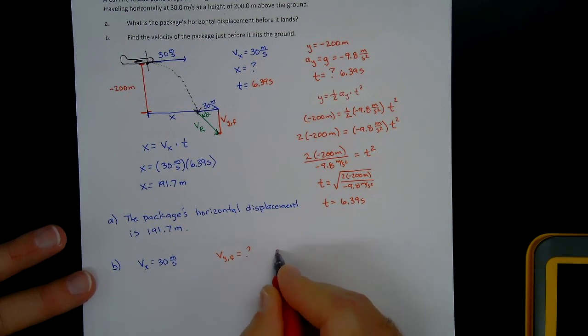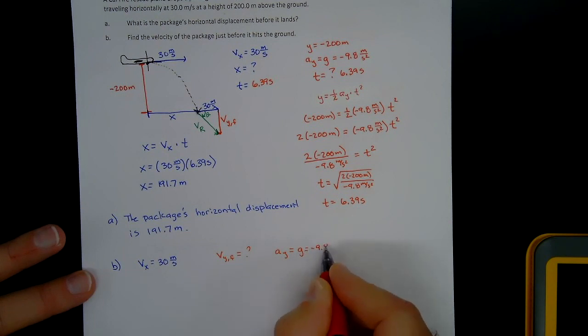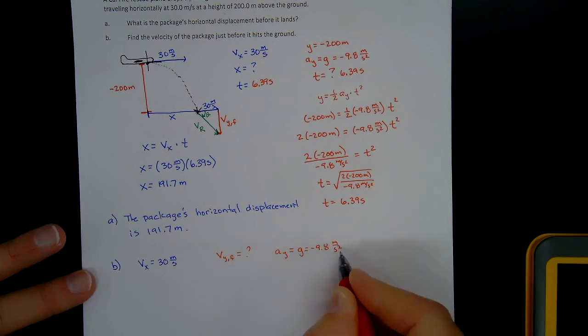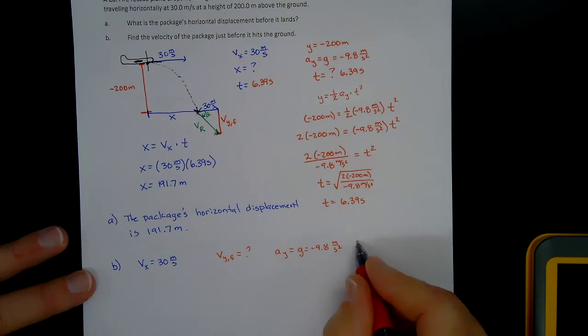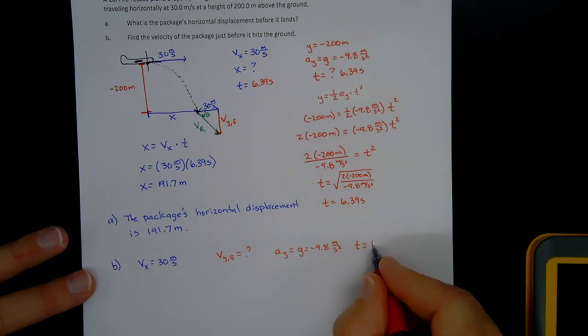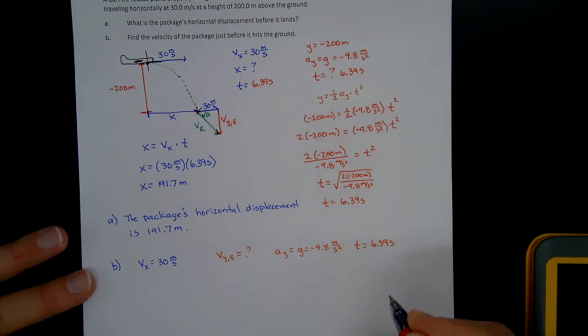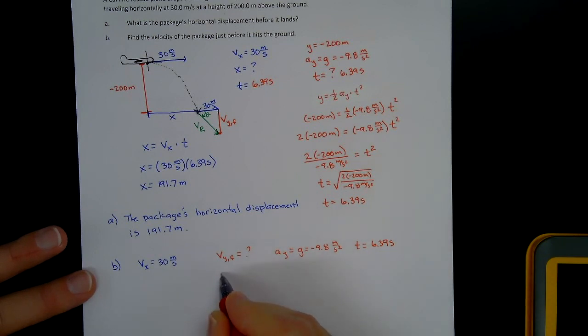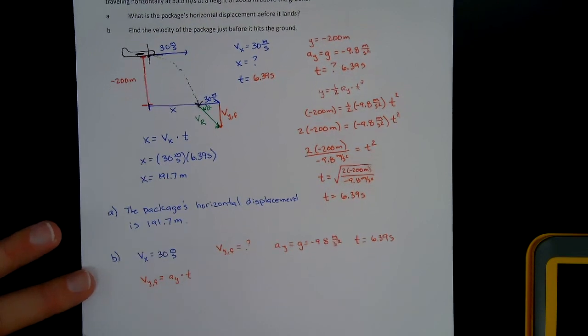I know that the acceleration in the y direction is g, which is negative 9.8 meters per second squared. And I also know the time because this took 6.39 seconds. So I'm getting this from part A. So v sub y comma f, the final velocity in the y direction, is equal to the acceleration in the y direction, a sub y, times time.